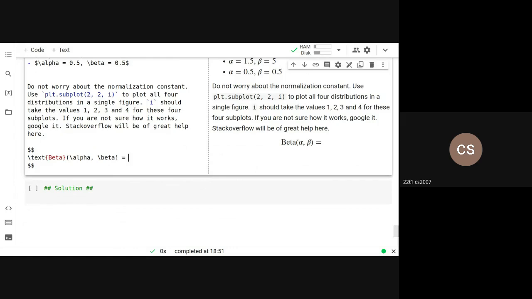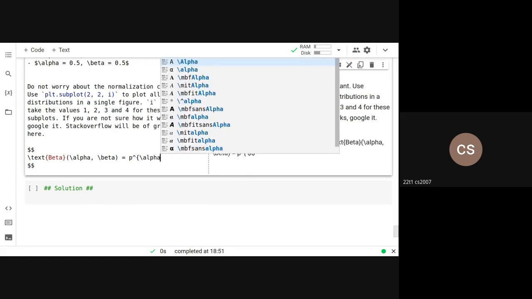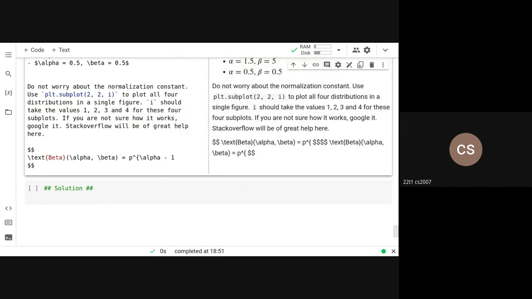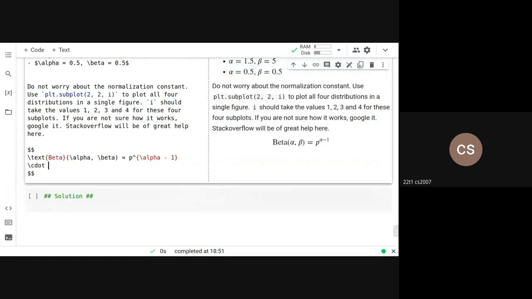Okay, so if you have beta of alpha comma beta, what is it? It is p to the power alpha minus 1 into 1 minus p power beta minus 1.